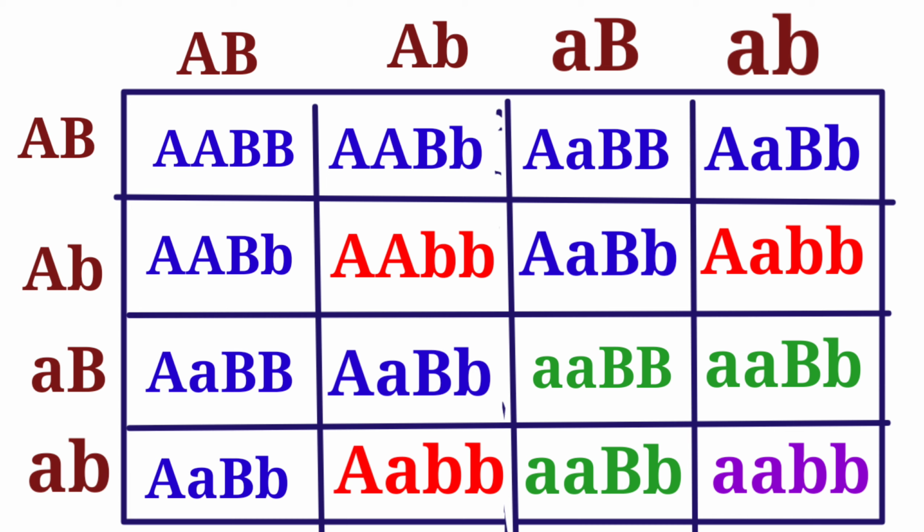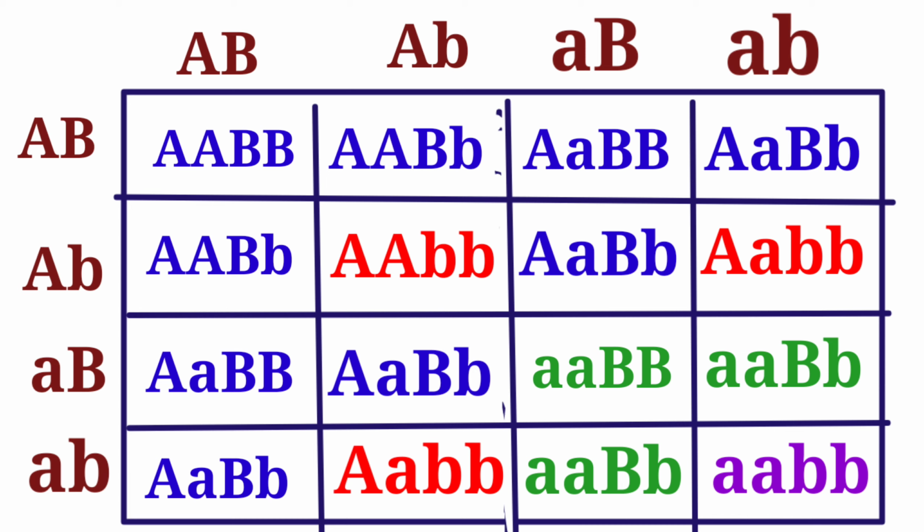And if it is a combination of a capital letter and a small letter, meaning they are the carriers of both traits. Okay? So now, we are going to get the phenotypes of these genotypes of the children. And then, we are also going to get their ratio. Okay, so we'll start now.